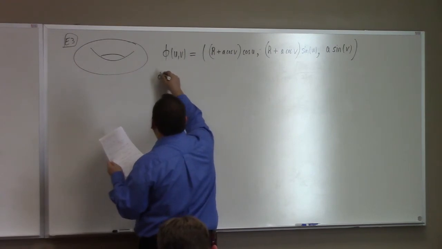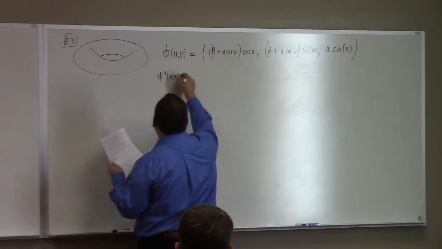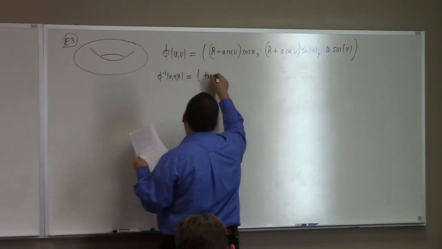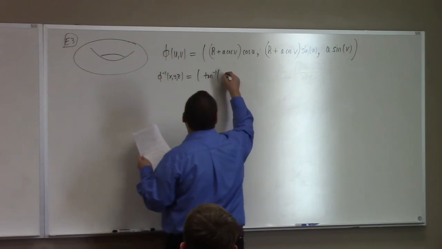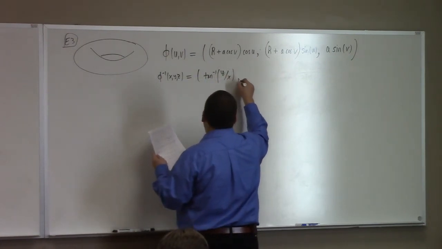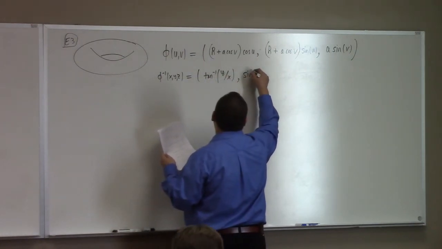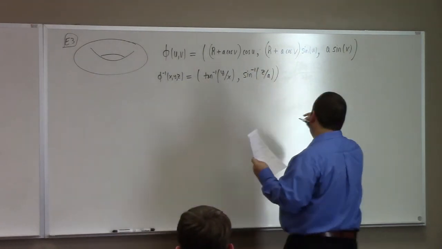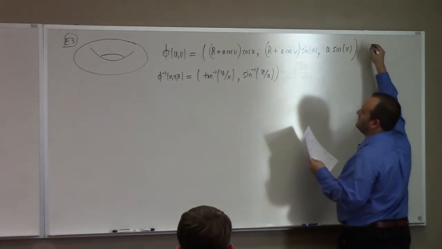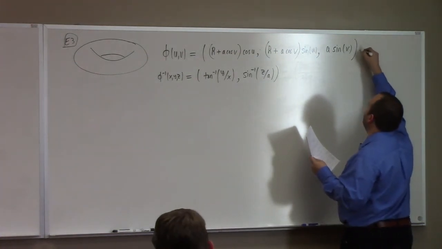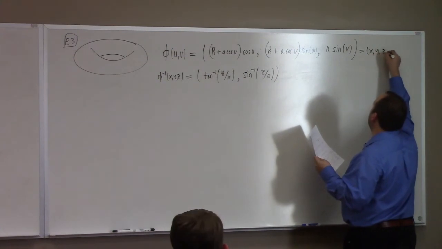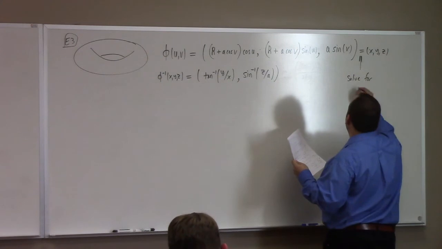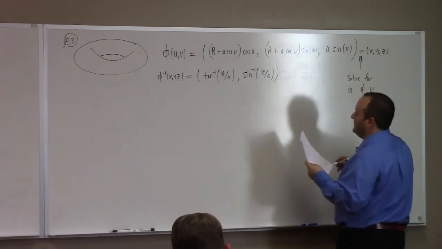If we do phi inverse of x, y, z, it is going to be inverse tangent of y over x, comma, inverse sine of z over a. So basically, what you've got to do is set this equal to x, y, z, and then solve for u and for v.